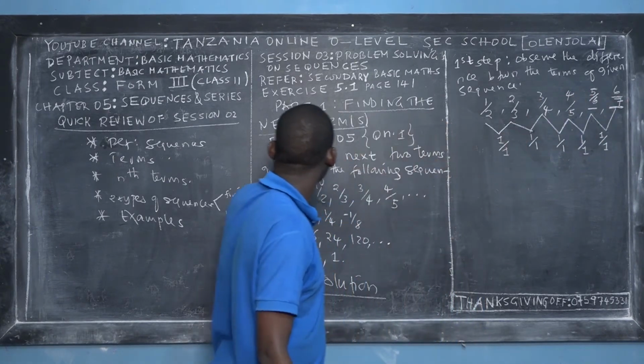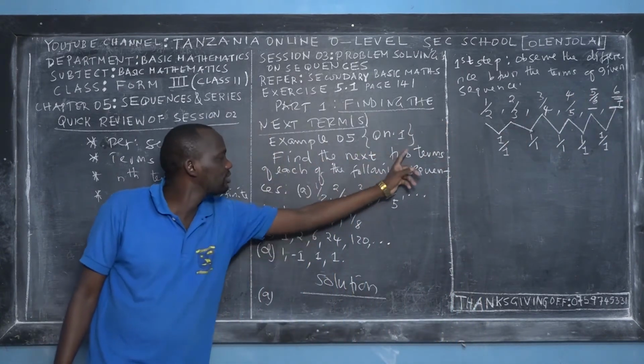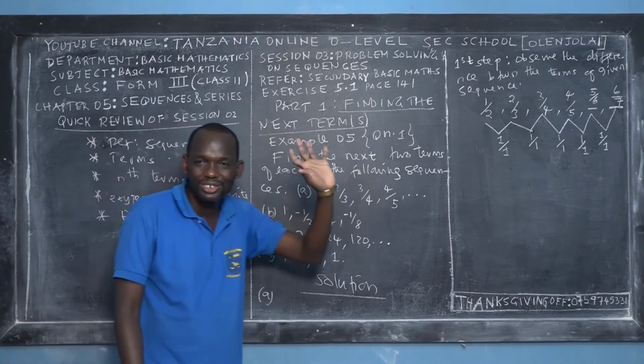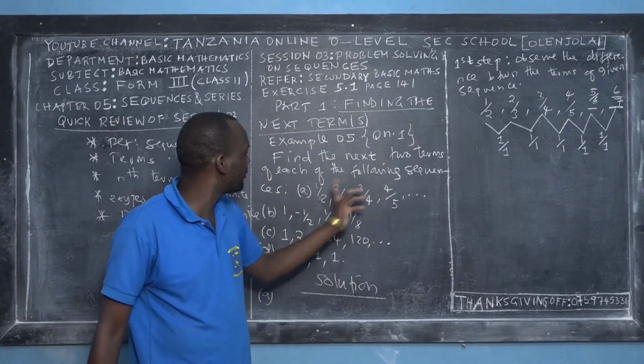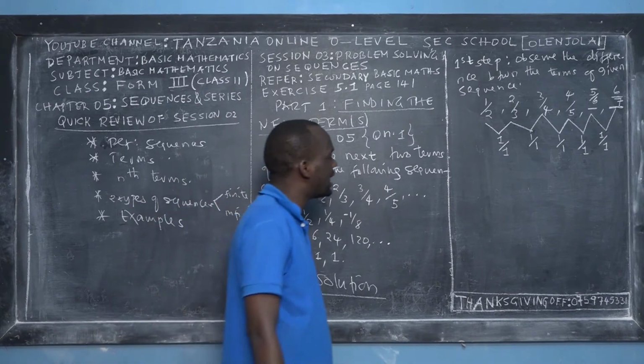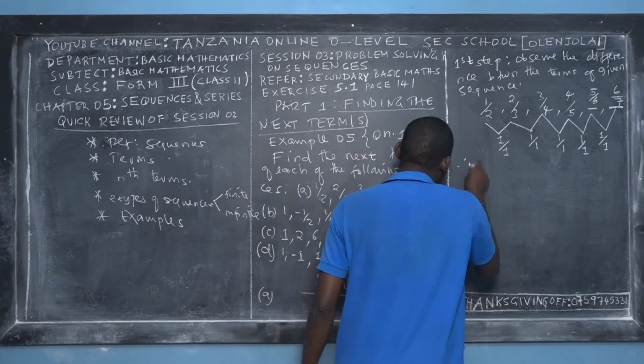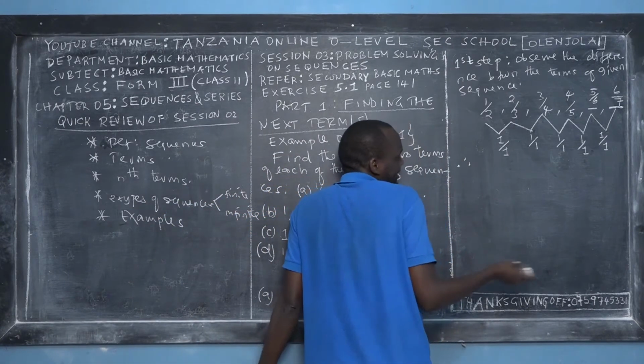What does the question ask? The question asks us to find the next two terms of each of the following sequences. So now we conclude, we are done. Simple like that.